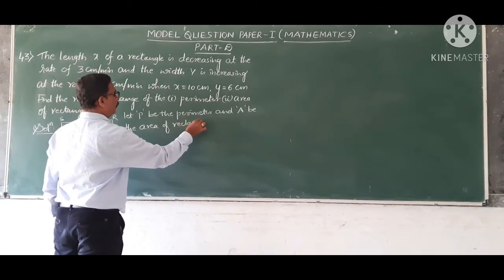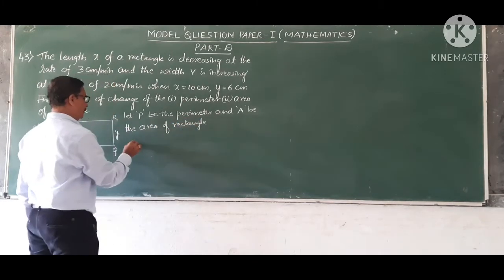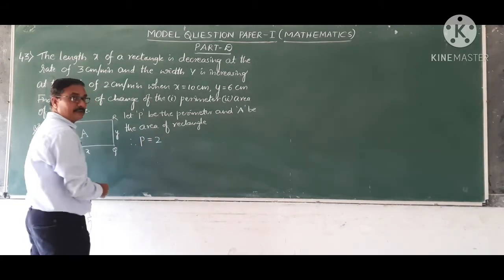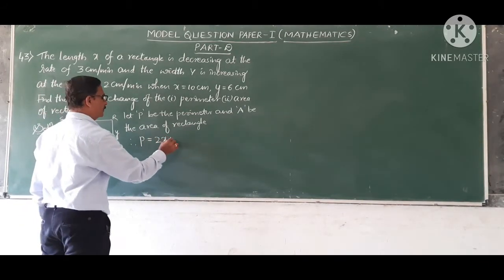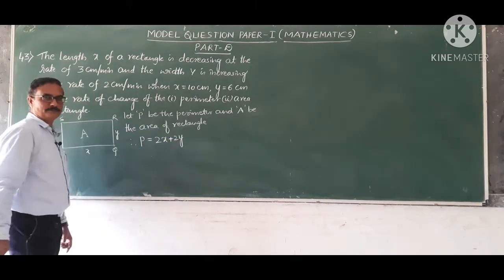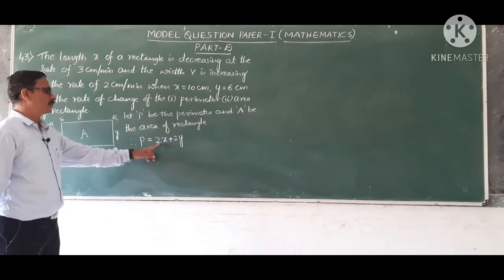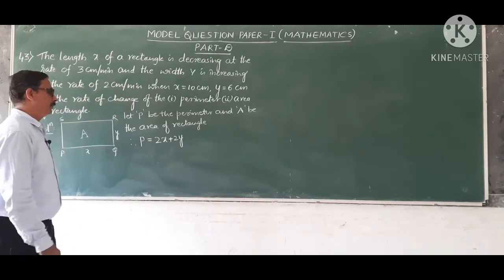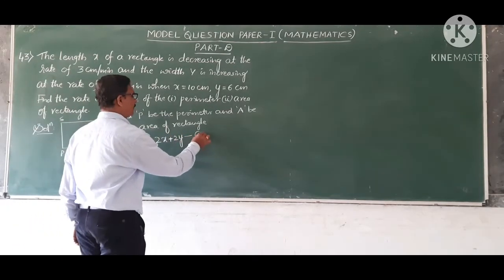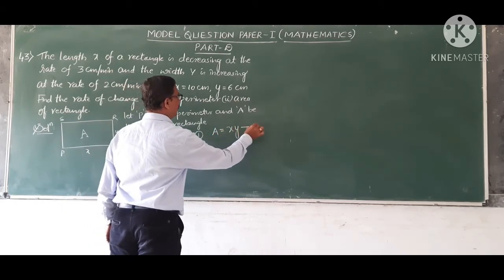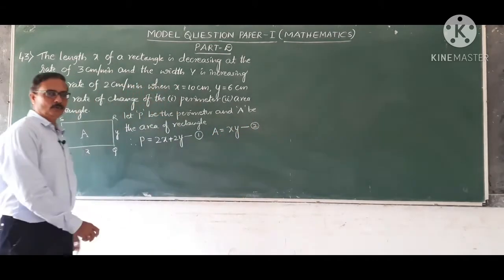The formula for perimeter of a rectangle is 2 times (length plus width), that is P equals 2x plus 2y. This is equation 1. The area of the rectangle is length into width, that is A equals x into y.